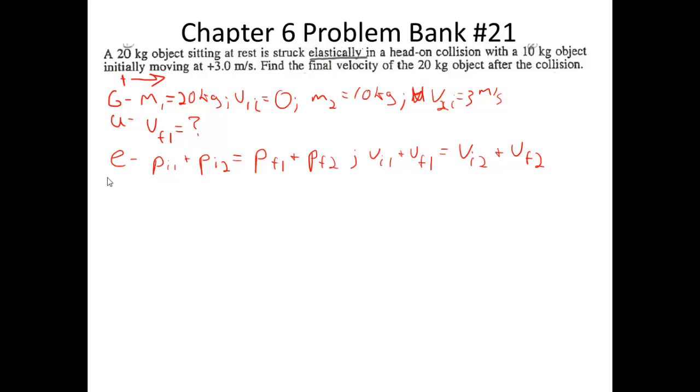So substituting everything in, we see that our momentum initially of our first object is 0 because mass times velocity, which is 0, is going to equal 0 plus 10 times some velocity. And we do know that velocity, and that velocity is 3.